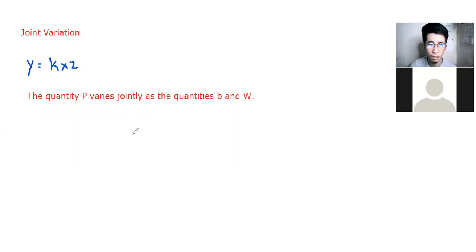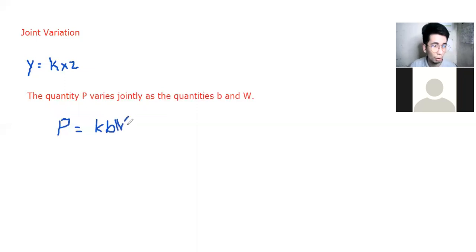Nasa given na din naman eh. So, yung P, so si Y, siya yung ating magiging P. P is equals or varies jointly K. K pa rin yung constant natin as the quantities B and W. K, B, W. Okay? So, ganyan lang siya.